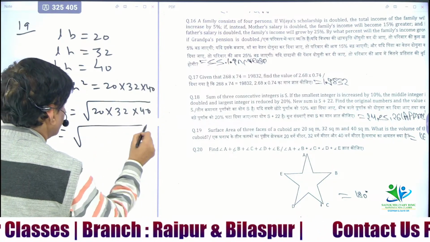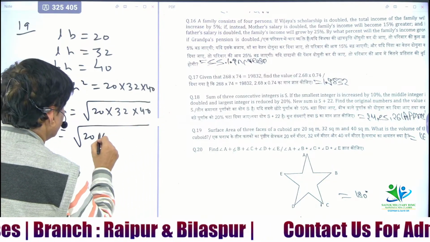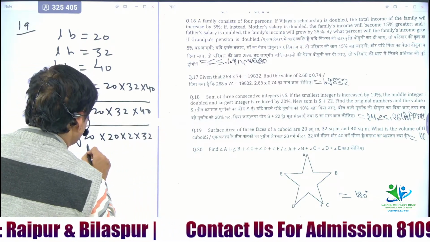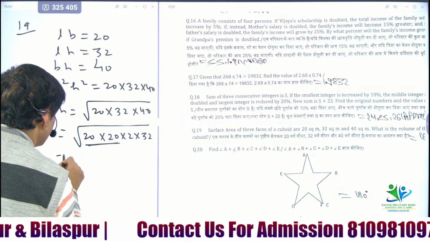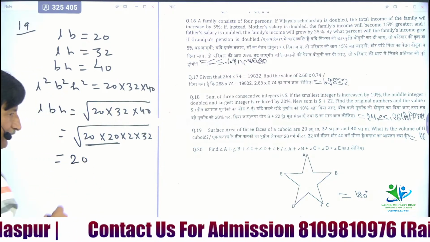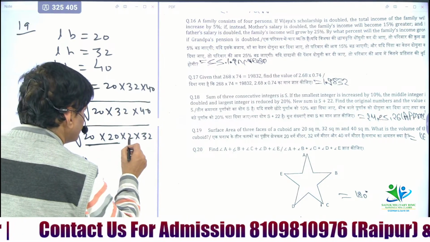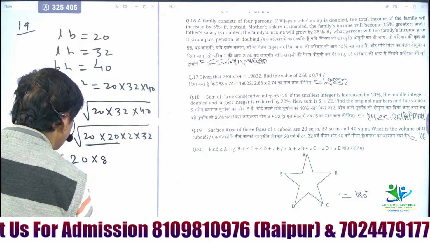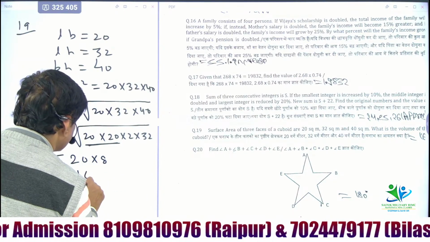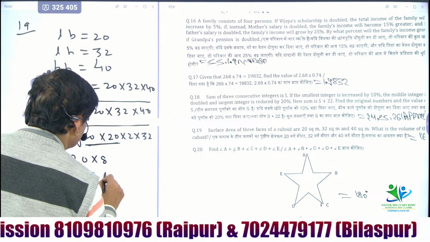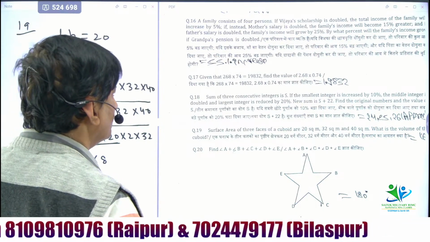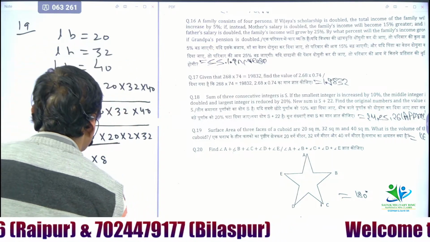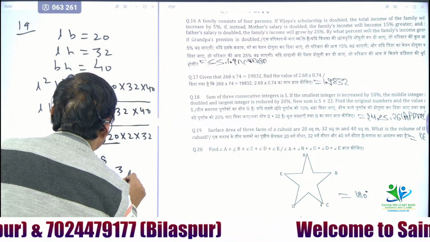This 40 can be written as 20 into 2, so 20 into 20 is a pair, and you can take the square root 20, and the square root of 64 is 8, and you get 160 meter cube. The given unit is square meter, so this one is the volume, that is meter cube.